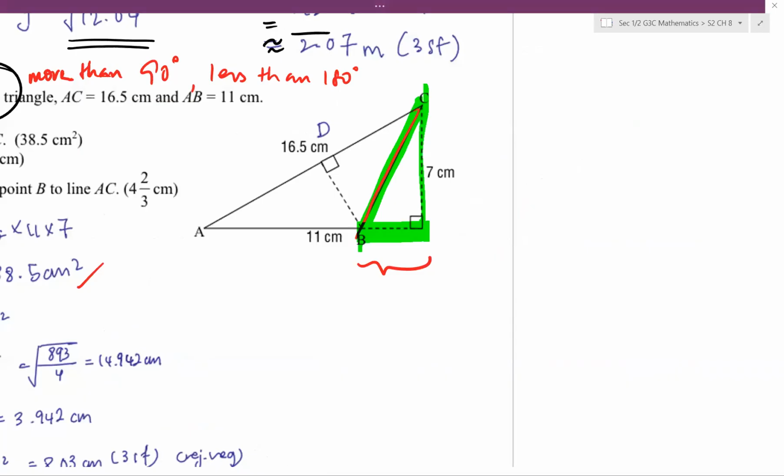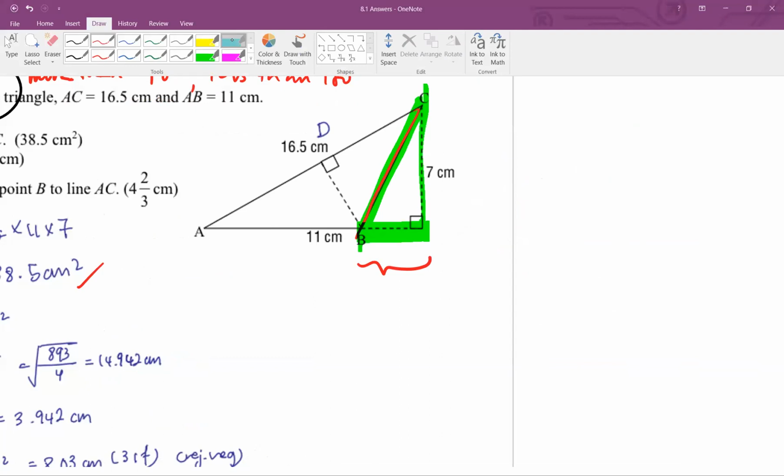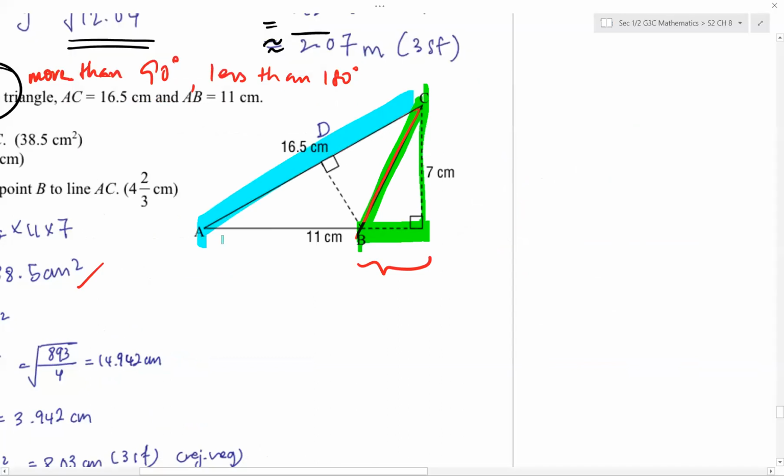So we have light blue. I realize that this is another right angle triangle. In this new right angle triangle that I just drew, I've got the hypotenuse AC, 16.5. Oh, I've got the perpendicular distance at 7, which means I can find the horizontal distance.